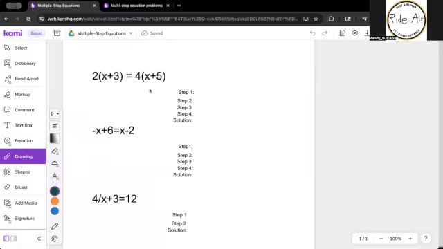So here we go. So now we have 2 times x plus 3. Now I'm going to distribute this. Remember the term distribute. And also distribute 4 times x and 4 times 5.